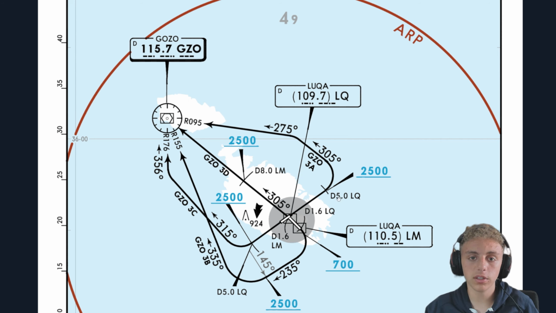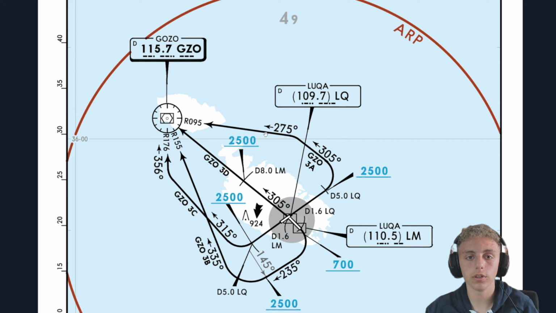They have their uses here, because over here, as you can see, at the DME 5 LQ, which is this one, you have to start turning towards the Gozo VOR, and you have to be over 2,500 feet. What this means is that you have to be at least 2,500 feet by this point, 8 nautical miles away from the southern ILS at runway 31.